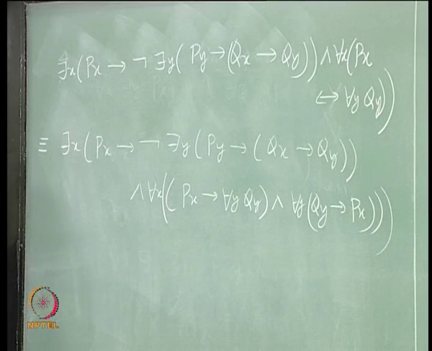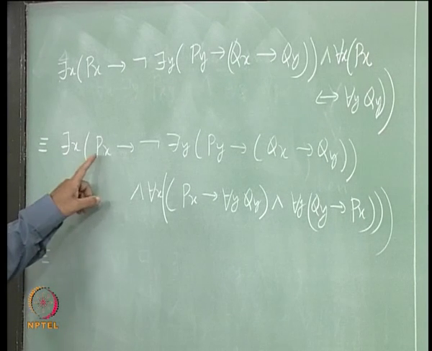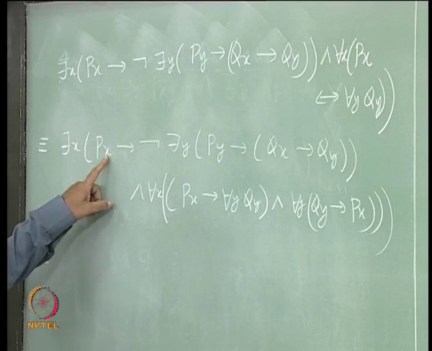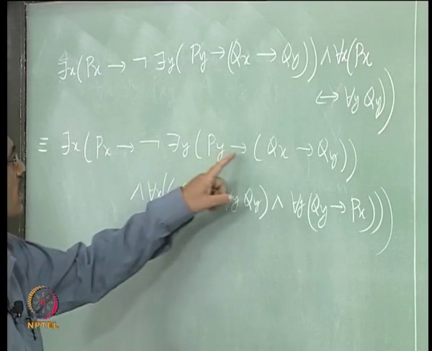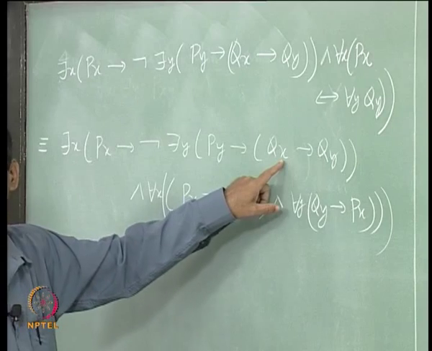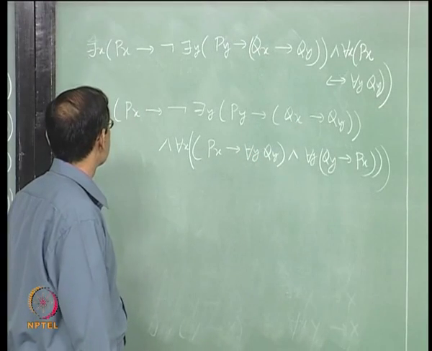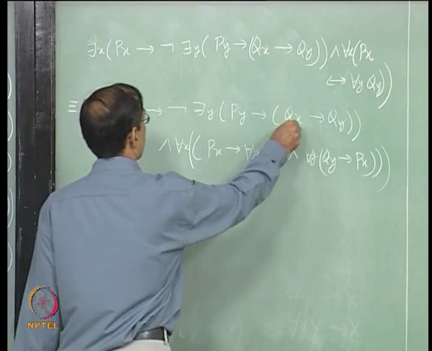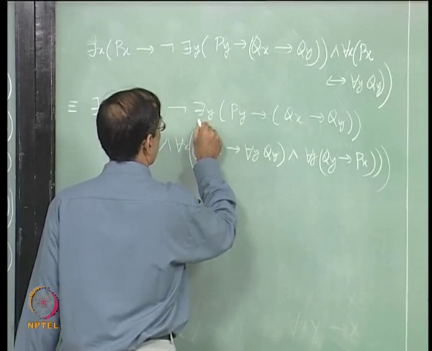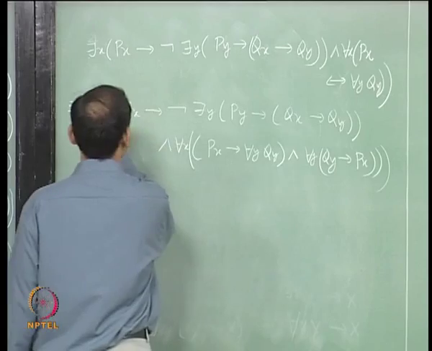Right. Next thing is we rename the bound variables if necessary. So, here it is bound, x is free anywhere, x is free here, right. So, you have to rename the bound variables, but x is not free here, no? It is not within this scope, it is within this scope.